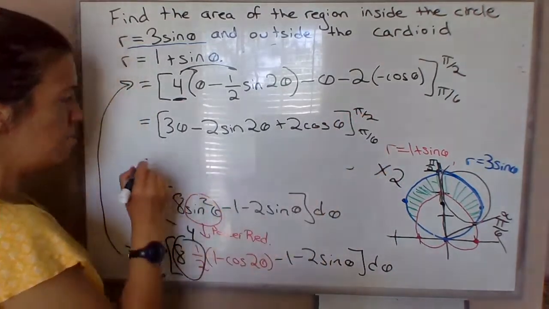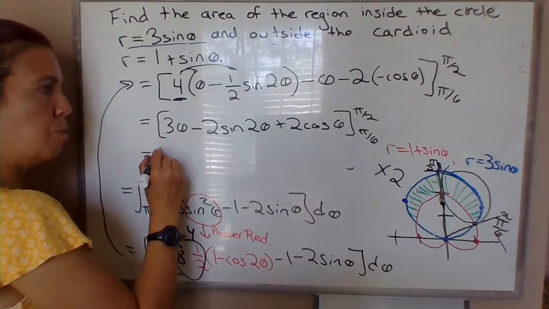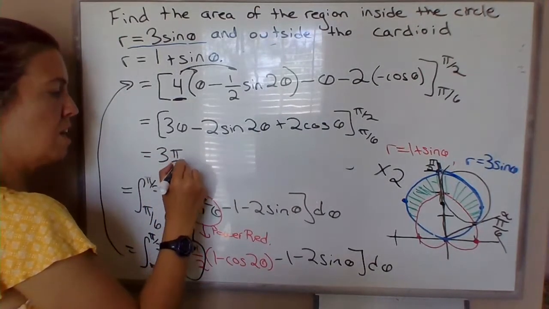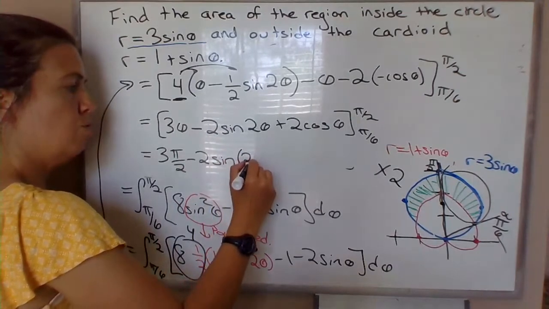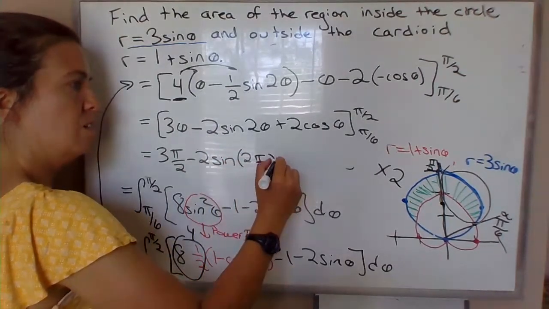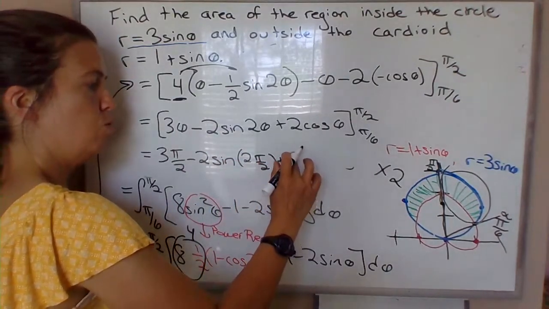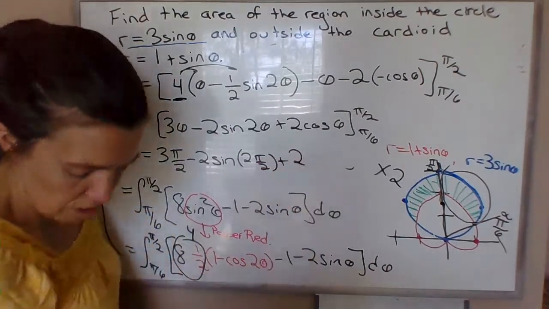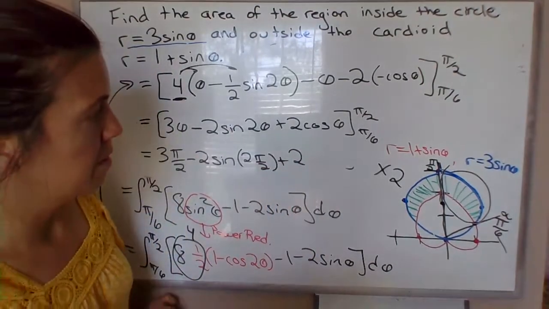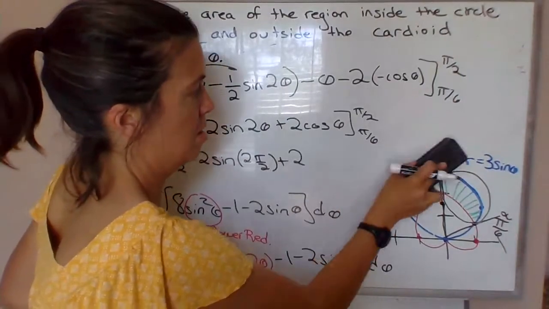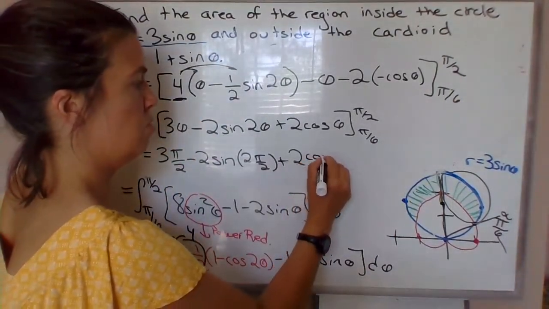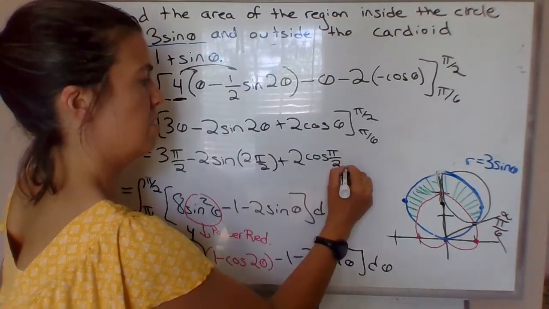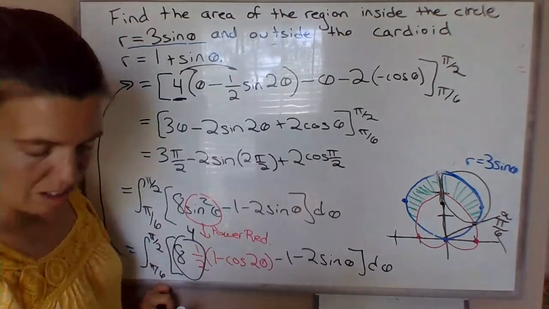Now we can crunch the numbers. So this will be 3 times theta minus 2 sine of 2 times theta plus 2 times cosine of theta. Okay, great. Too bad.